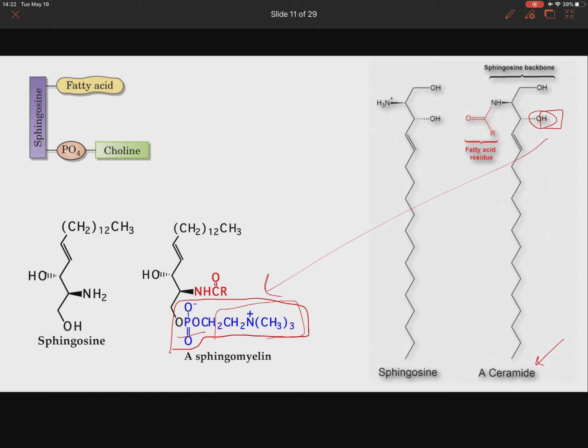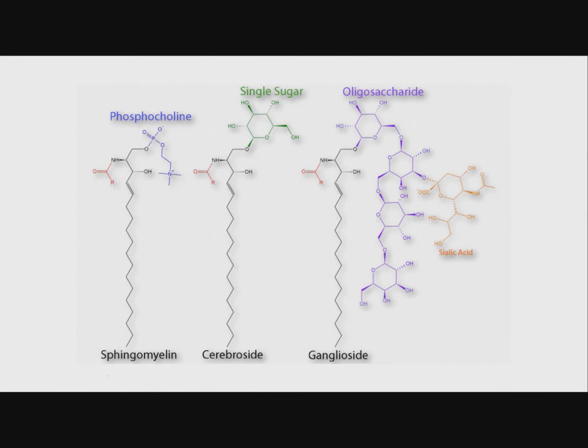If a single simple sugar is added, instead of phosphoethanolamine, or instead of being a hydrogen, then we actually call that a cerebroside. So this picture is showing you sphingomyelin, where, so I picked the wrong OH. It doesn't really matter. Here's the other OH.